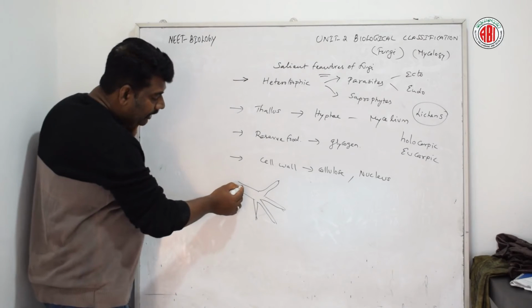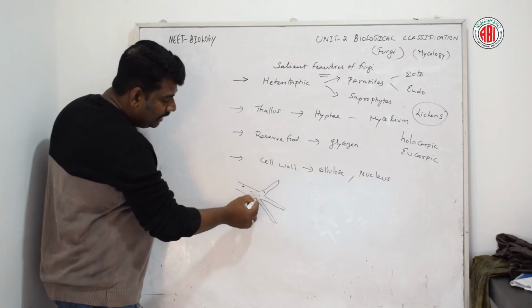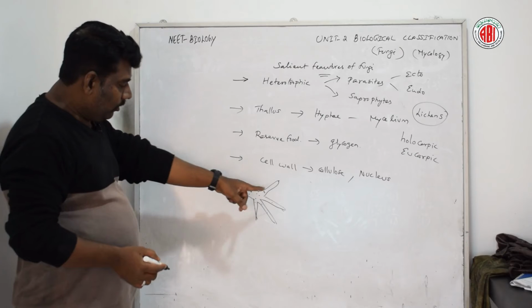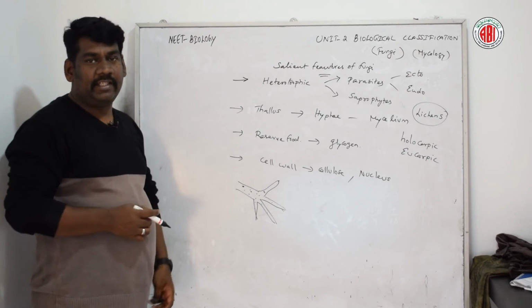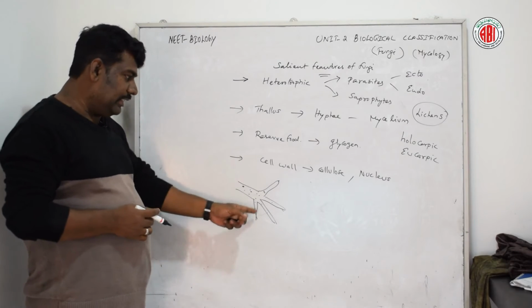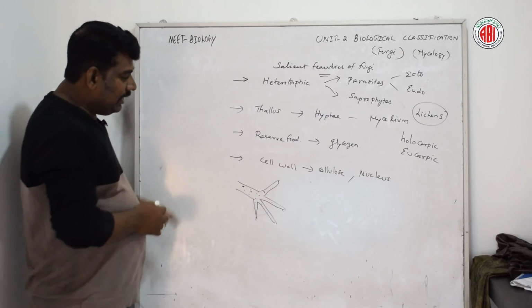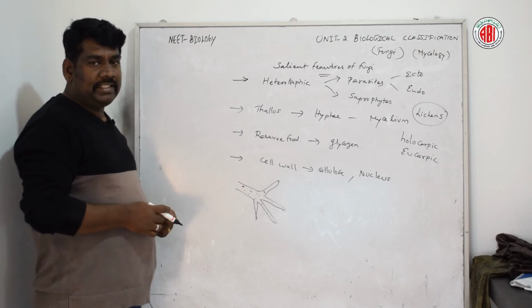There we can see the nucleus and other protoplasmic organelles, but there are no cross walls between the hyphae. So this type of hyphae is called aseptate hyphae.